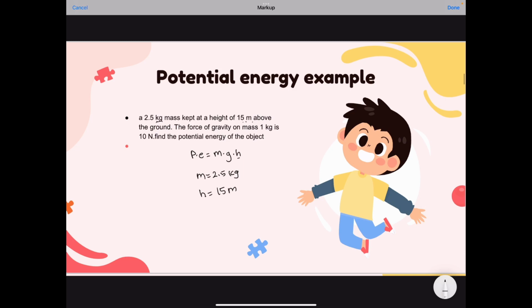We will just multiply them without any square. 2.5 times 15 times 10, which is equal to 375 joules. Don't forget the unit.